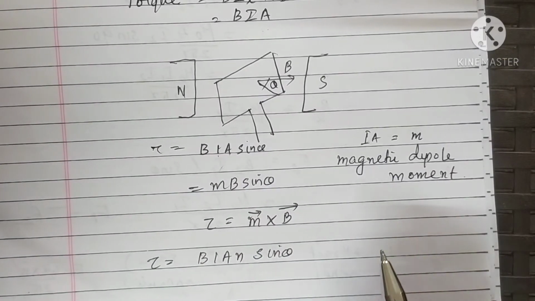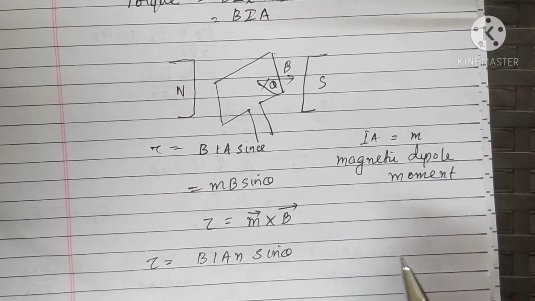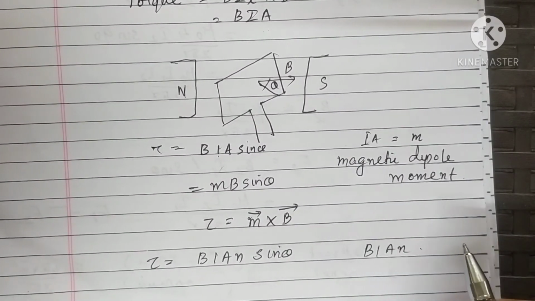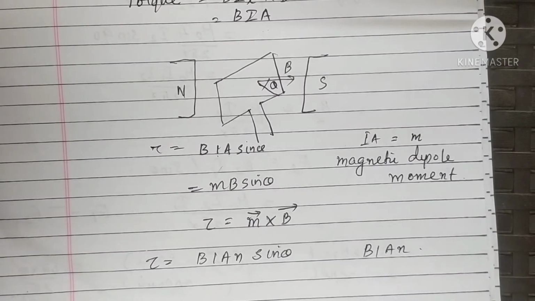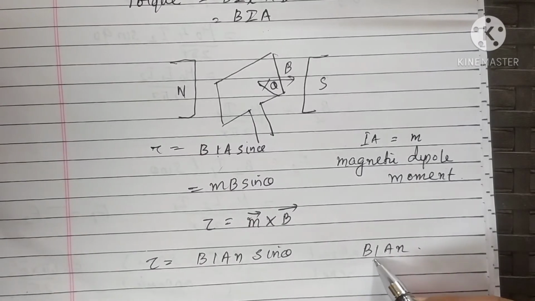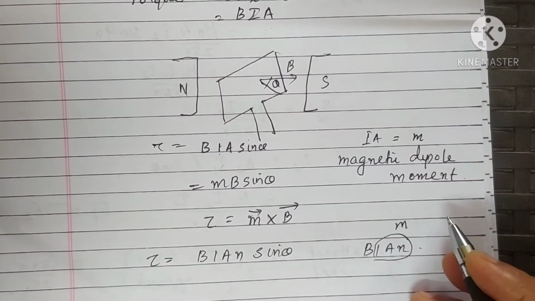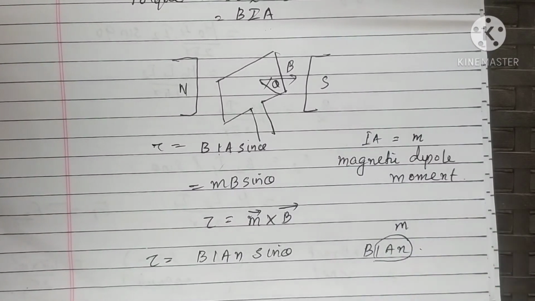Or if theta equals 90 degrees, it will be BIAN. Okay. Clear for you? Here you can call this much term, n I A, as M.